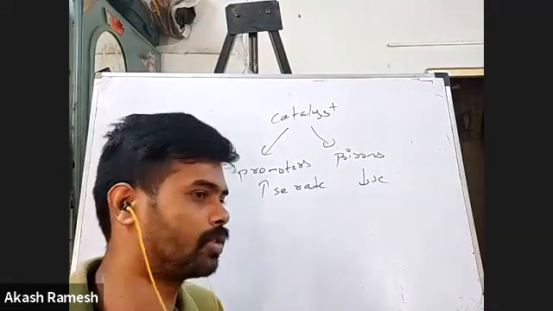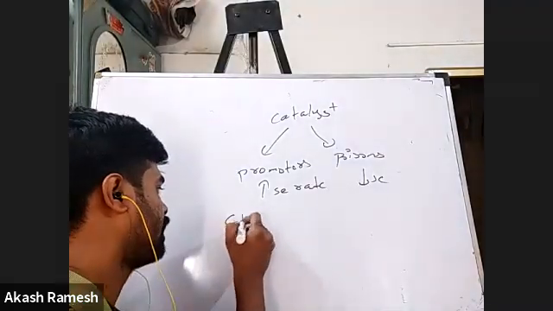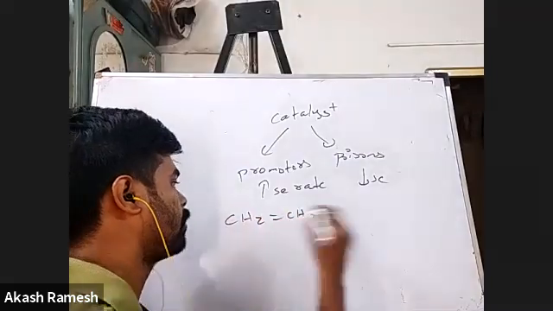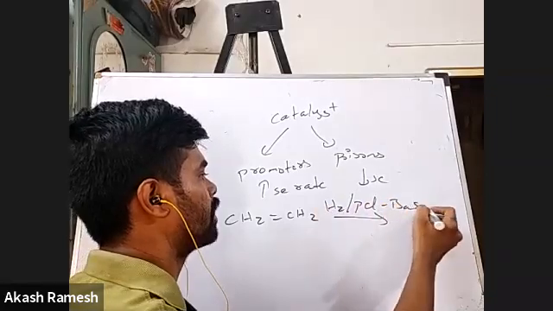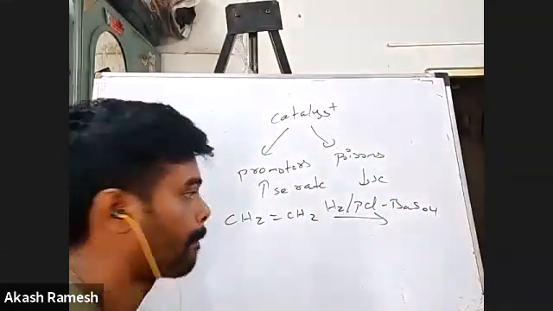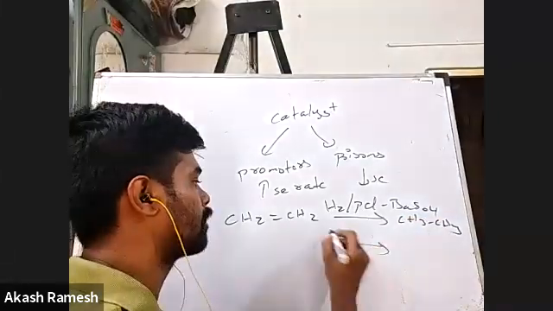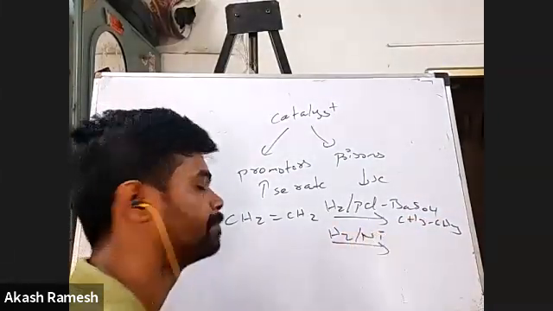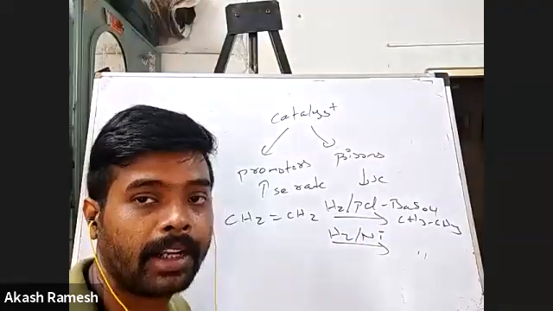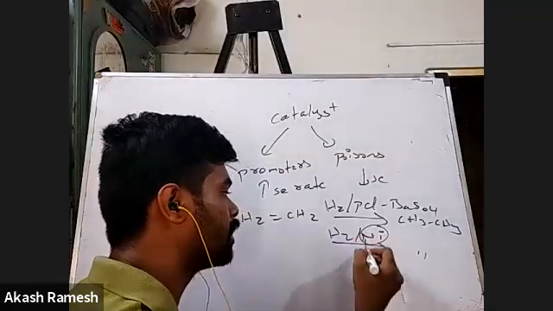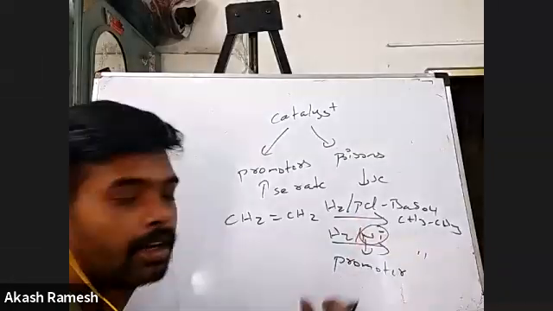So how can I give you an example from organic? I can take examples because you would have seen so many reactions there. You would have seen this reaction, right? CH2 double bond CH2. If I put H2 palladium poisoned with BaSO4, I know I'm going to get CH3CH3, right? But same thing if I put H2 nickel, same answer you'll get, right? So in this case, nickel is going to be my promoter because it increases the rate of the reaction.